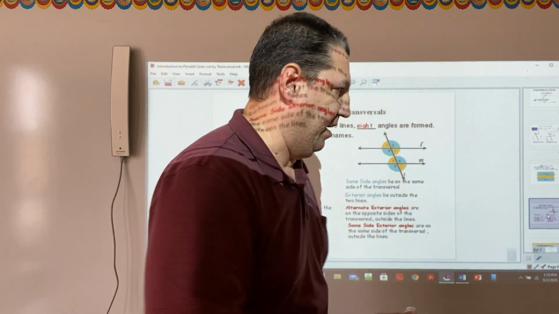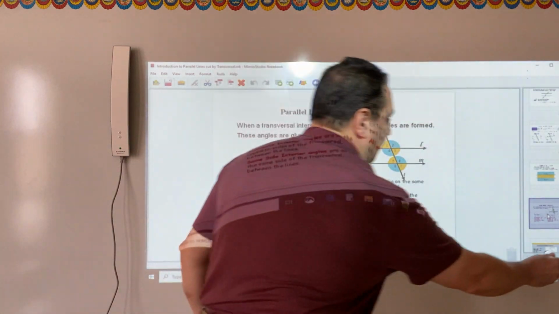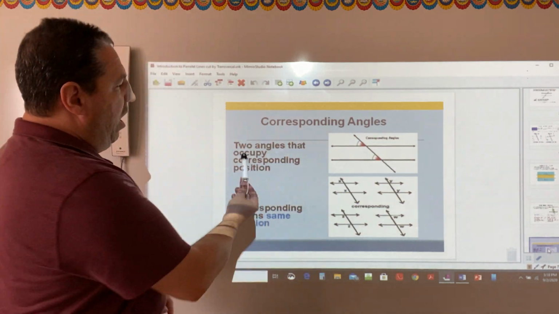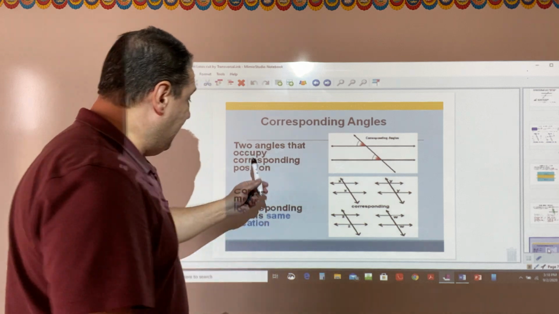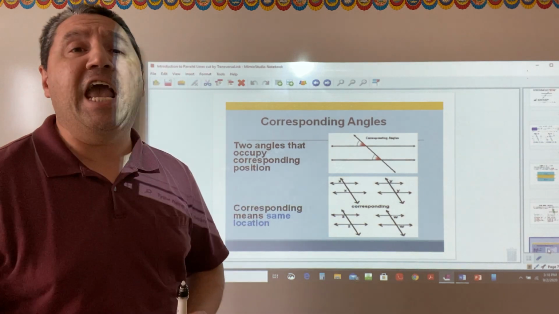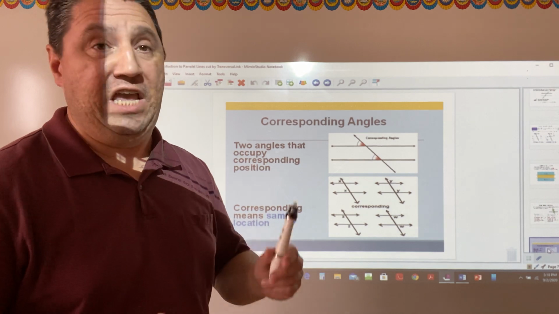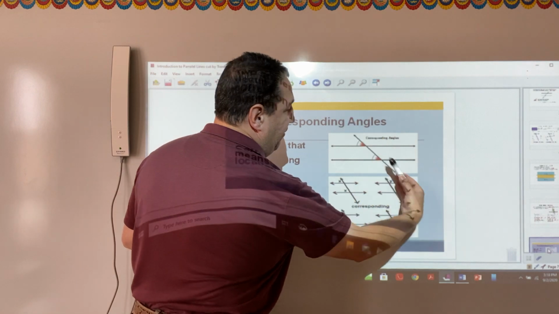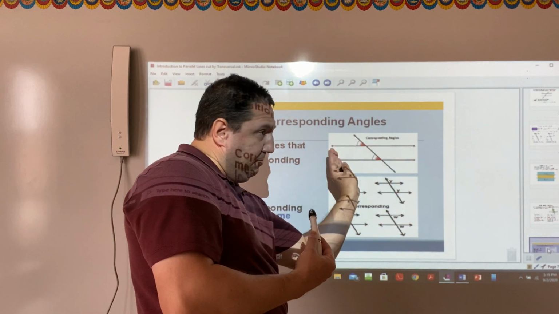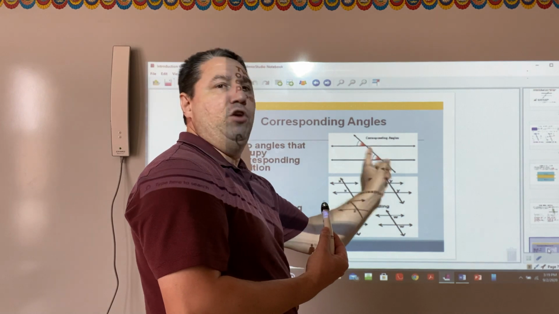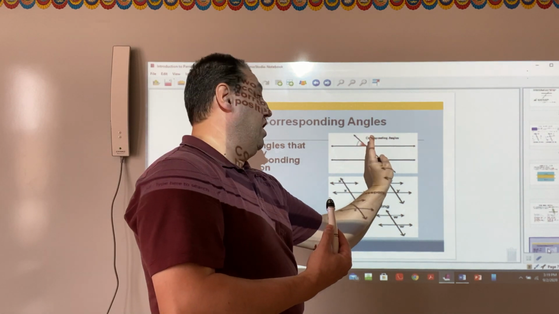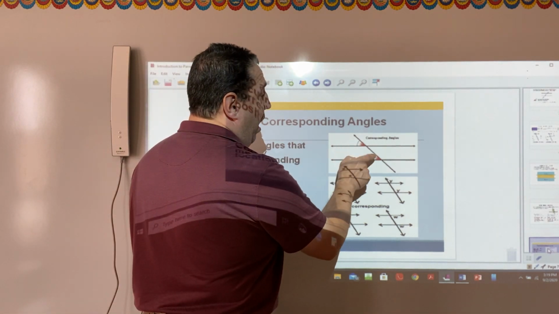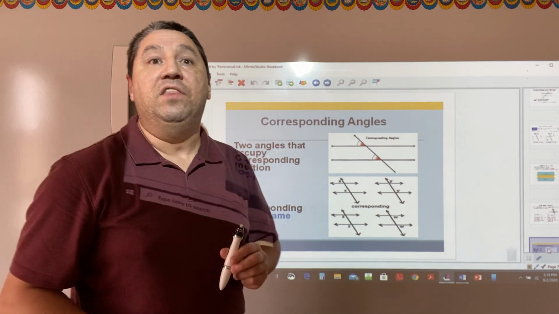Now, let's talk about each type of angles. First type, corresponding angles. They are two angles that are in the same location. What does same location mean? It means they are on the same side of the transversal. As you can see, in this particular case, they are both on the left side of the transversal, and both are above the parallel lines.